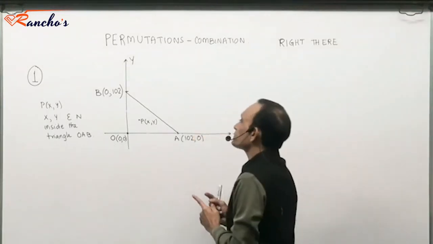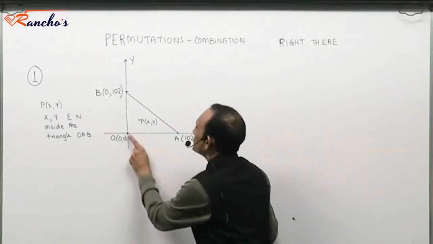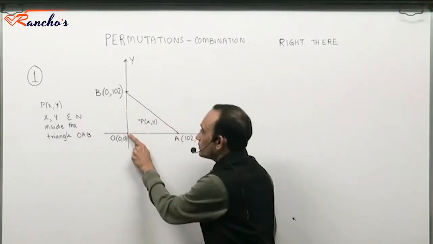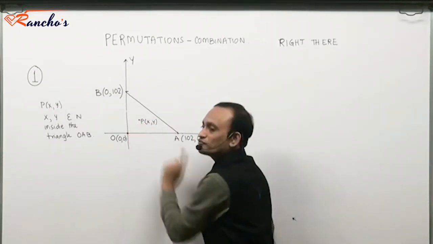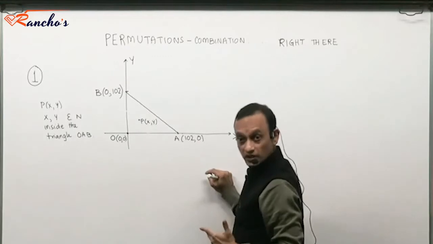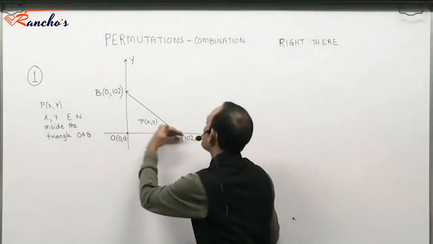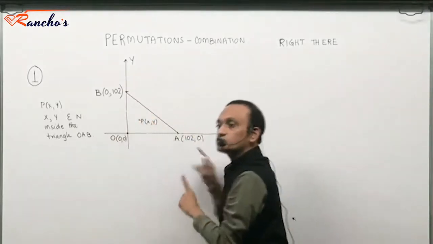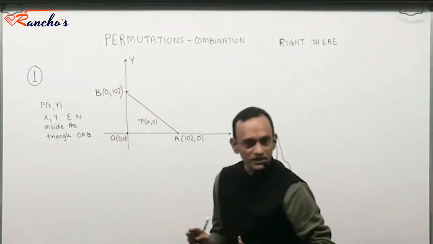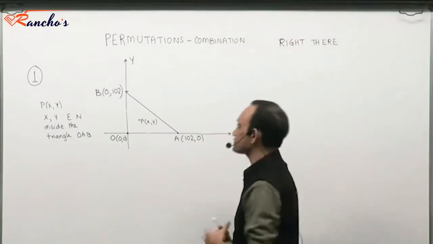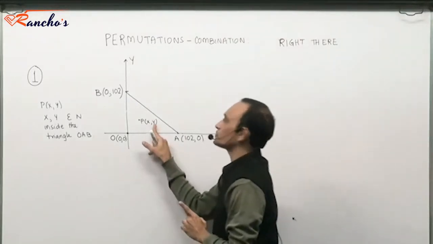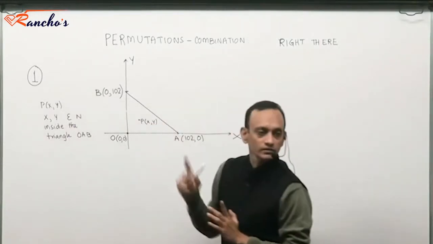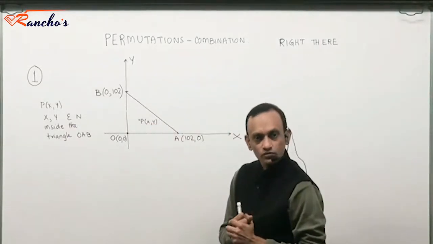As you realize, if the points are inside the triangle, then x and y both have to be greater than 0. Because we are not talking of points on the sides of the triangle, we are talking of points inside the triangle, so x and y have to be natural numbers in this case, right? Positive integers, right? So we are talking of all (x, y) belonging to the set of natural numbers inside the triangle. That's what we want to be able to do. Yes or no?